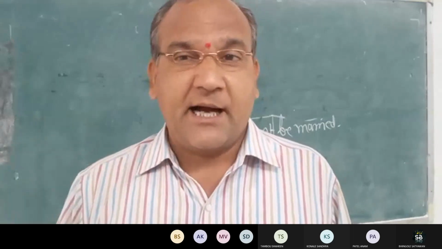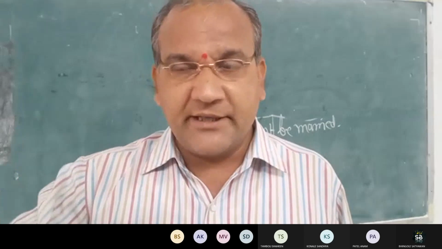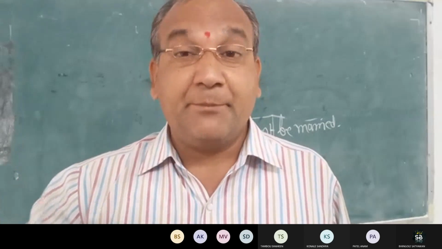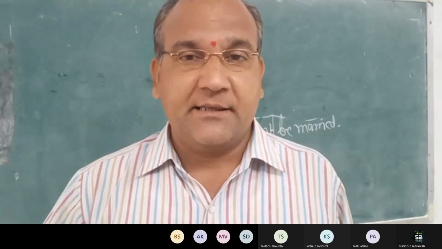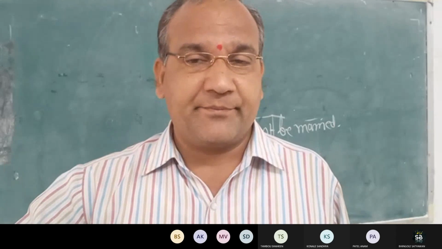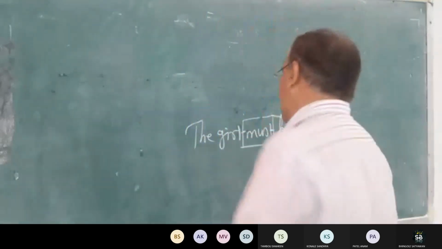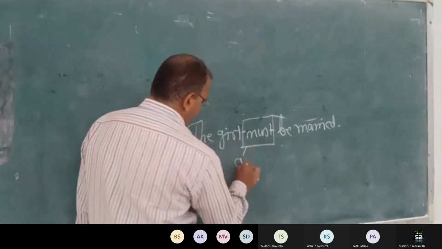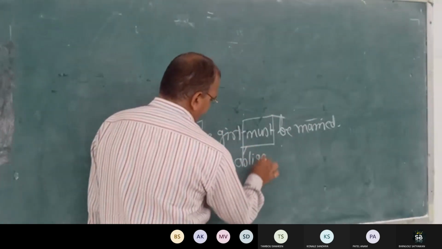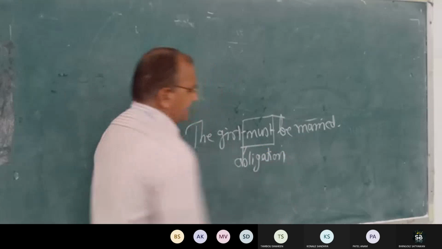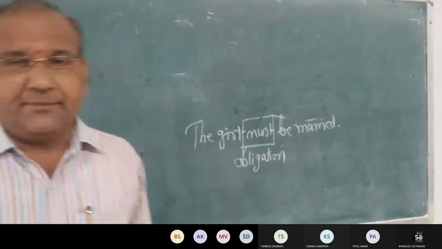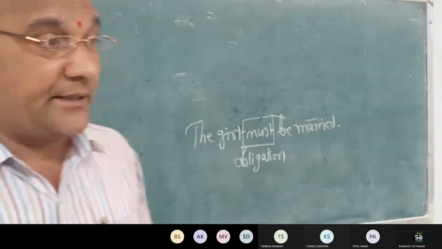In the other case, I don't know the girl, but the way she is behaving, I predict, I guess that she is already married. So must has obligation, the compulsion side, one meaning.